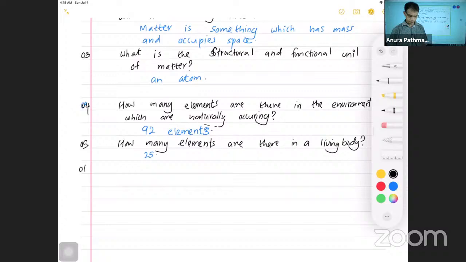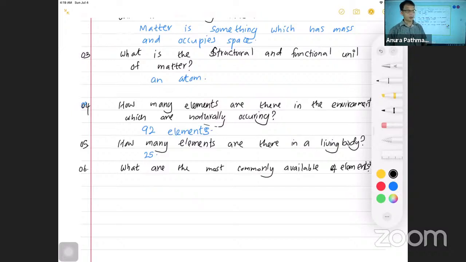And what are the most commonly available 4 elements?